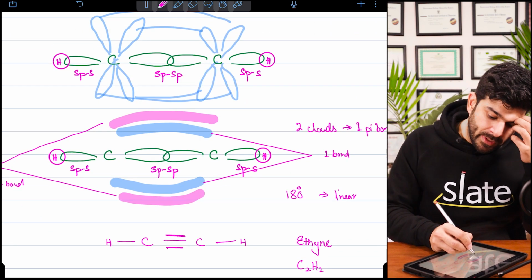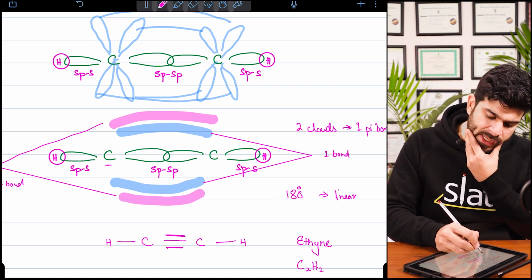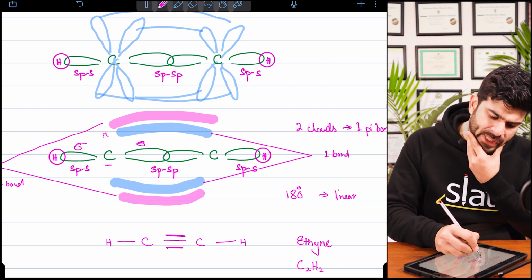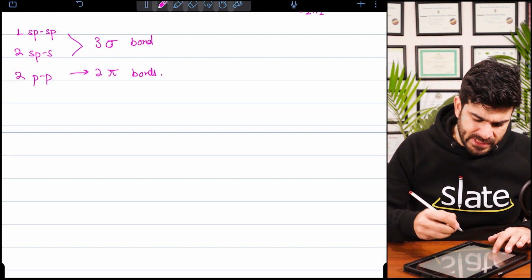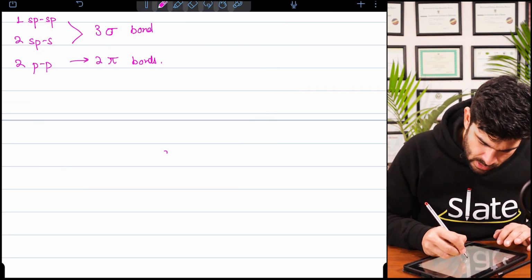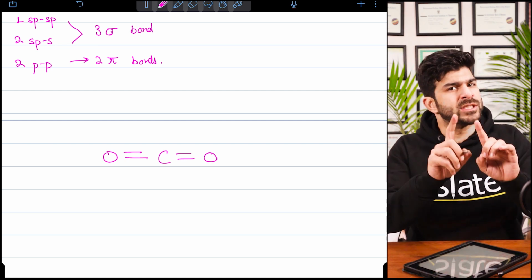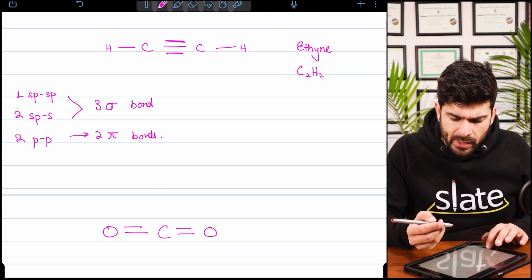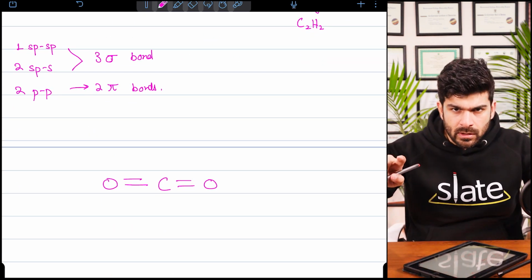Now, look at this one carbon. What is this one carbon making? 2 sigma and 2 pi's, right? Let's take an example: carbon dioxide. It is just making double bonds, whereas here it was making a triple bond. But it has a linear shape, 180 degrees.